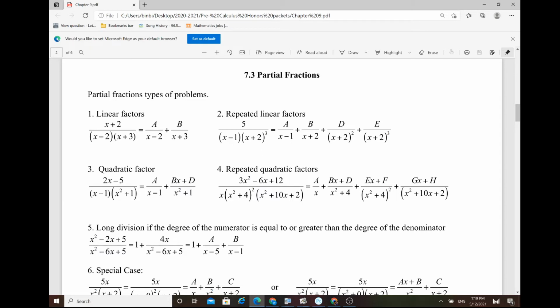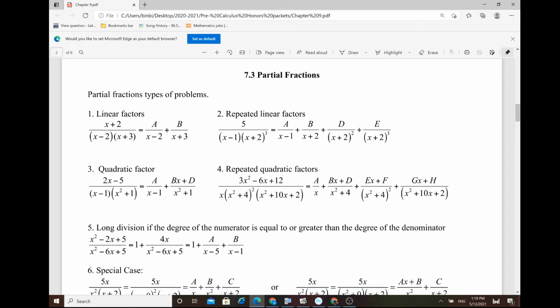For the second factor, x plus 2, we need to start with the linear, then the quadratic, and then the cubic of the same linear factor. So it's B over x plus 2, then D over x plus 2 quantity squared, plus E over x plus 2 quantity to the power of 3.